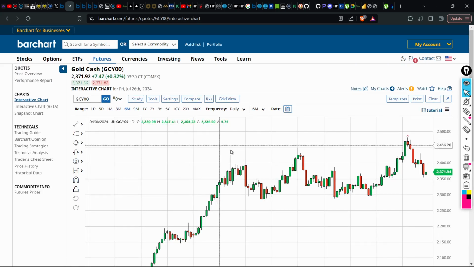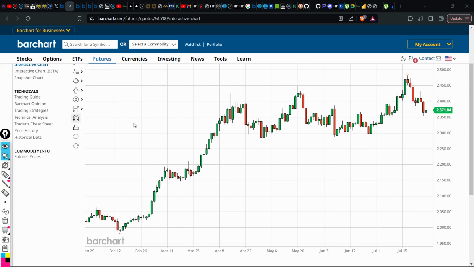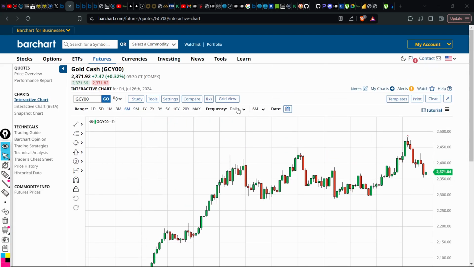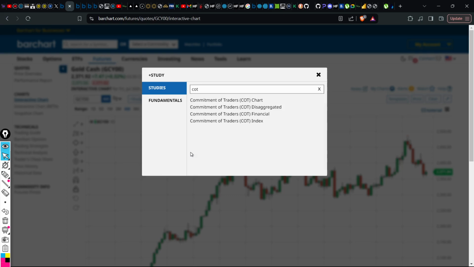I like this bar chart. Then plus study CoT. You can actually overlay the positions of the commitment of traders on these charts.